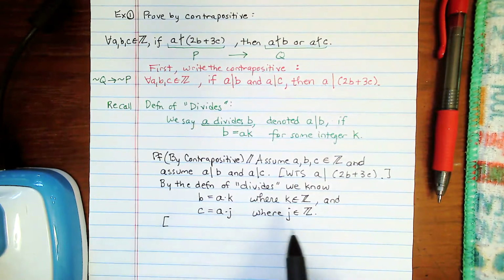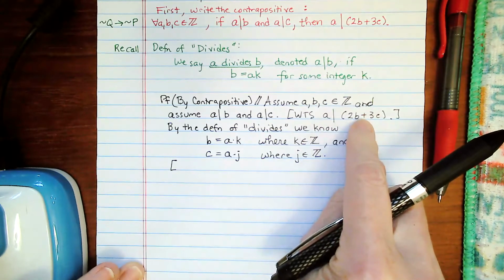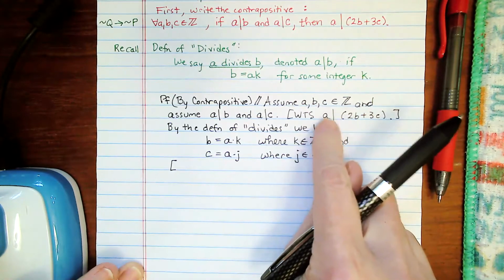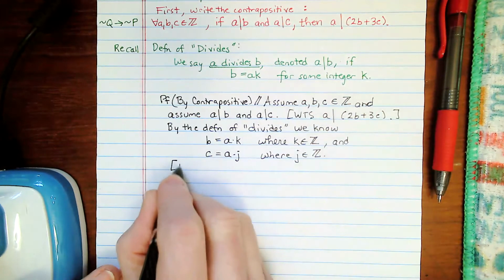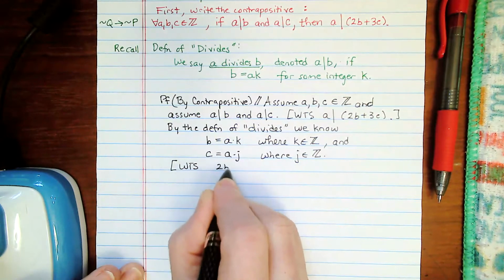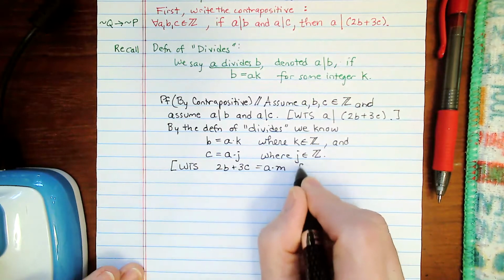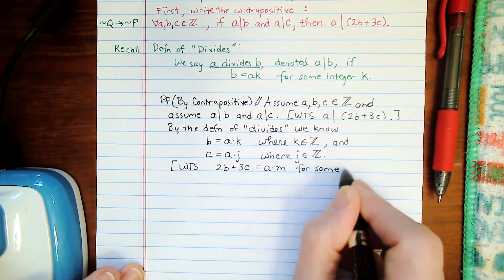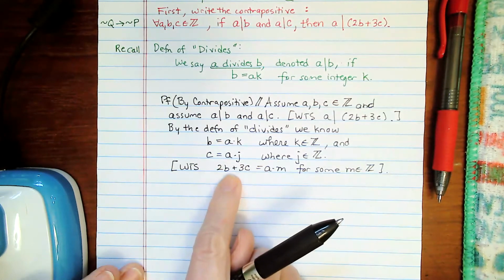If we want to expound upon our wish, never a bad idea, we can realize that right before we can say a does divide 2b plus 3c, we have to have seen 2b plus 3c written as a multiple of a. In other words, we wish to show that 2b plus 3c is equal to a times m, for some m in Z. So we want to say something intelligent about this expression 2b plus 3c.